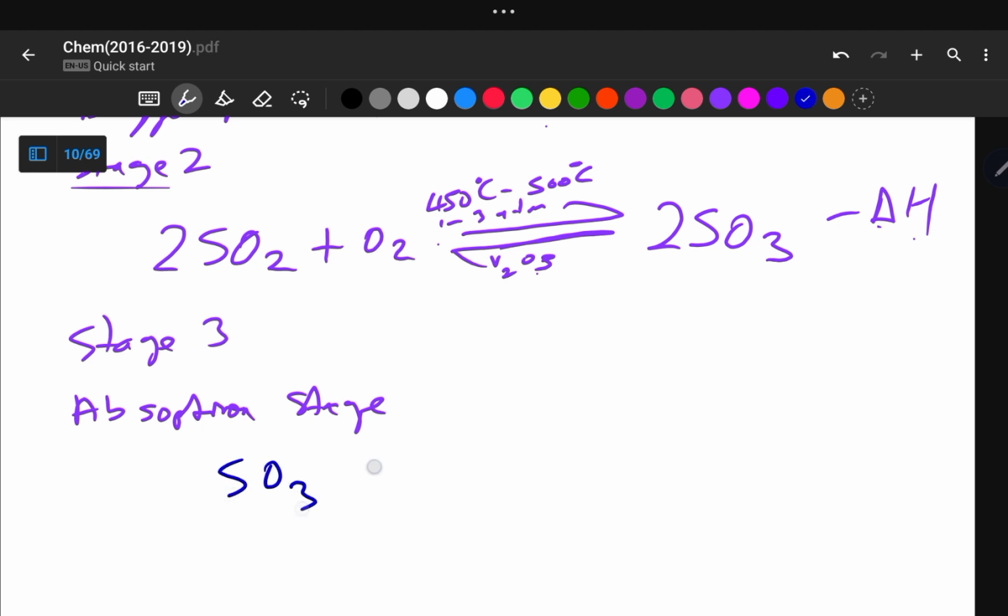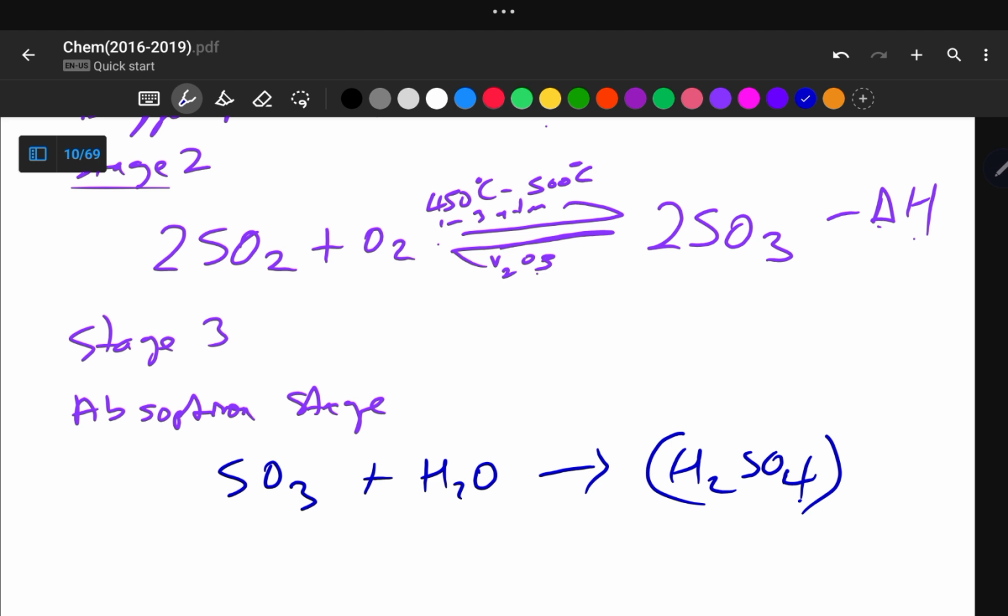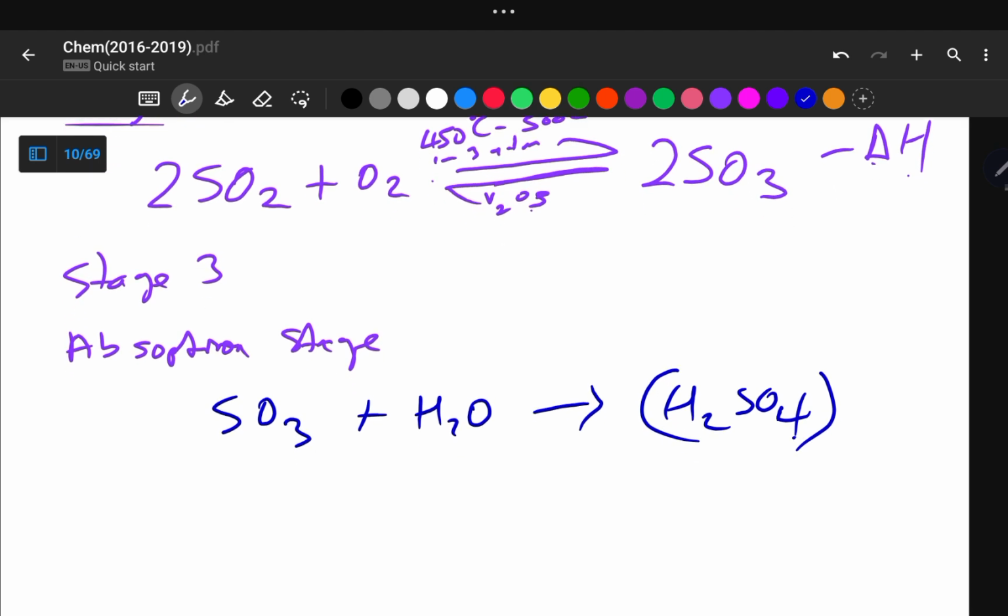Sulfur trioxide plus water to give sulfuric acid. So we avoid this reaction, because it gives films of this sulfuric acid which are difficult to condense. So we absorb this sulfur trioxide in already made sulfuric acid which is concentrated, right?